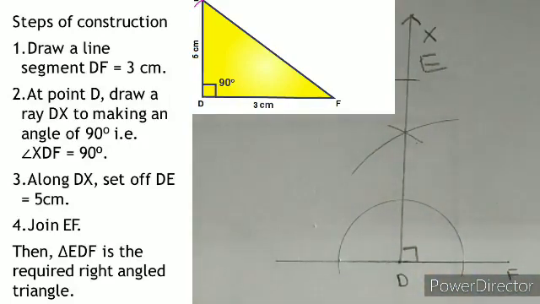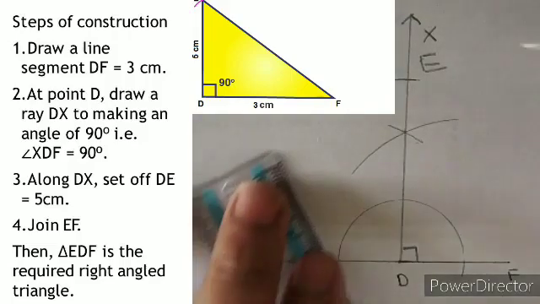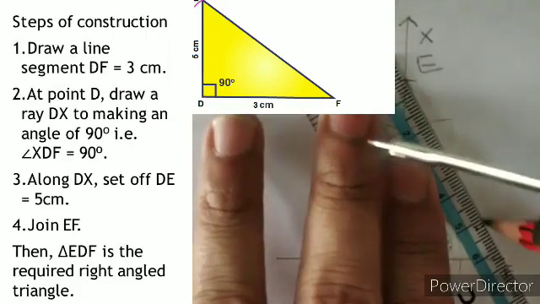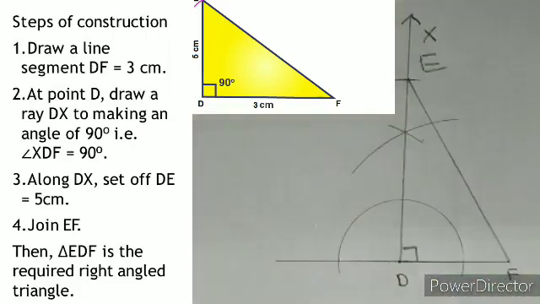Now join EF and our triangle DEF is ready, which is the required right angled triangle. So this is SAS triangle construction.